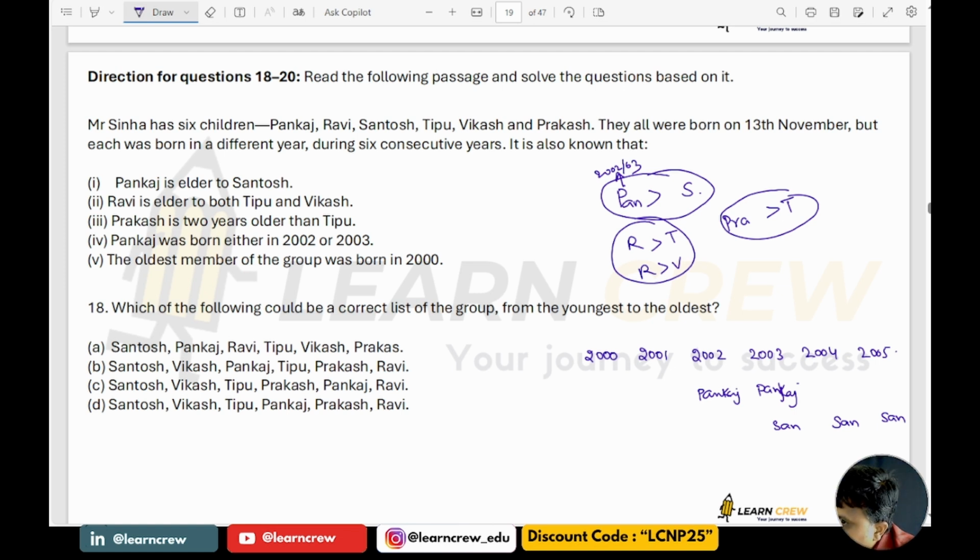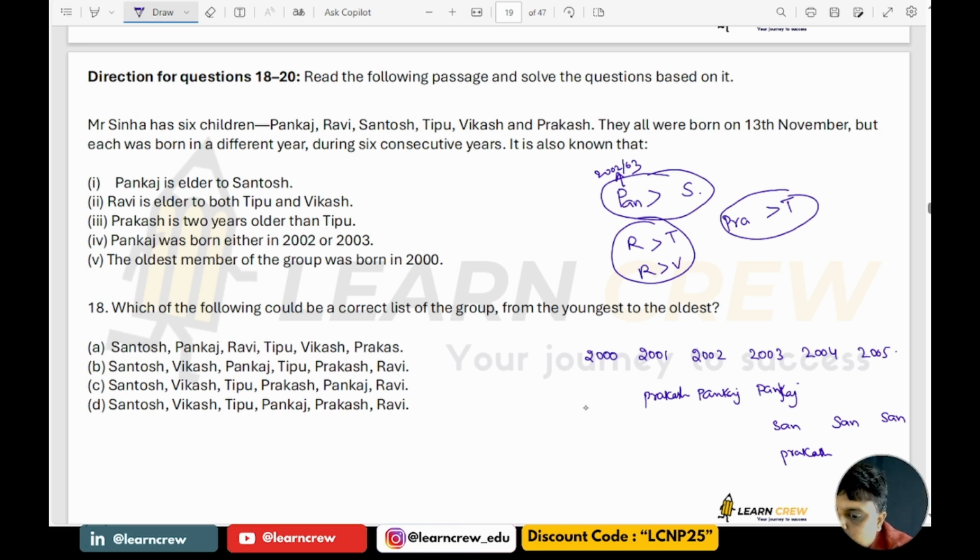So where can you have Prakash? Prakash, you may have here. And Prakash you may have here also. Prakash here means then here you will get Tipu. Prakash can be here or here. Next, the oldest member in the group was born in 2000.